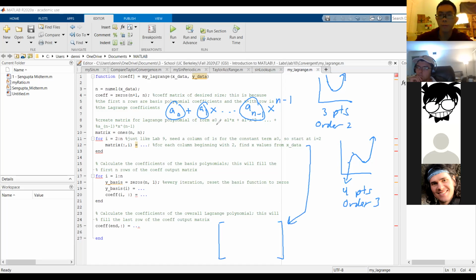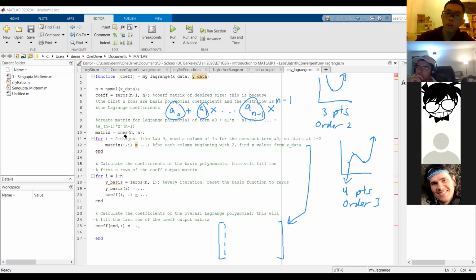We're going to want to start from the constant and then work our way up to the highest degree. So we know this is going to be a column of 1s. The reason we start at 2 is that we don't need to start at the first one because we already know this is 1s. We're going to first initialize it as a bunch of 1s, like 1, 1, 1, 1, and then we're going to fill this in with their actual numbers. That's the plan.